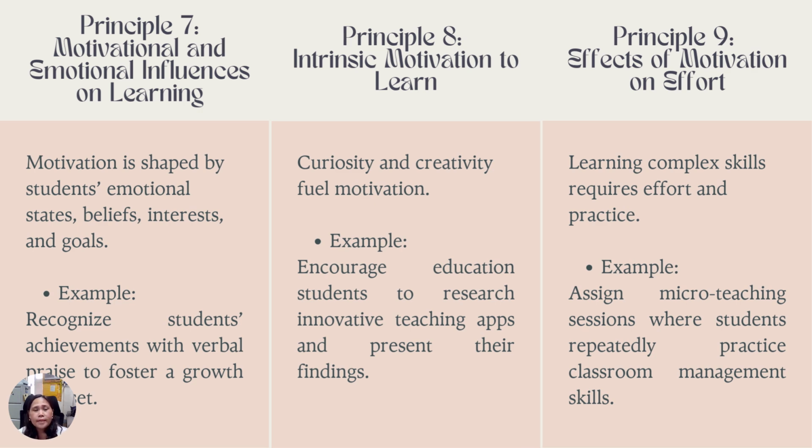But we give affirmation by specifying that students have improved, even if quite far from attaining a passing score, mainly crediting the effort of improving themselves. So we will not say, very good, John, you got 7 out of 20, you already passed the quiz. We will not say that. We do not sugarcoat just to give affirmation. Instead, we credit their effort of learning.